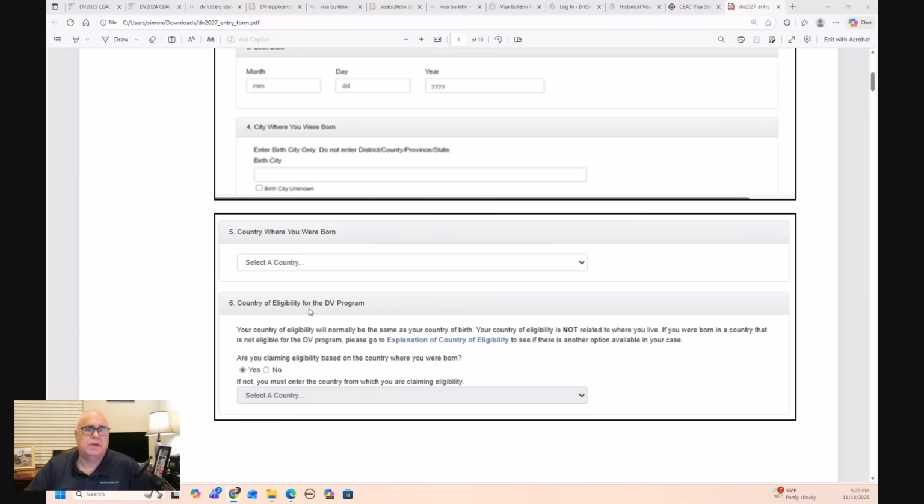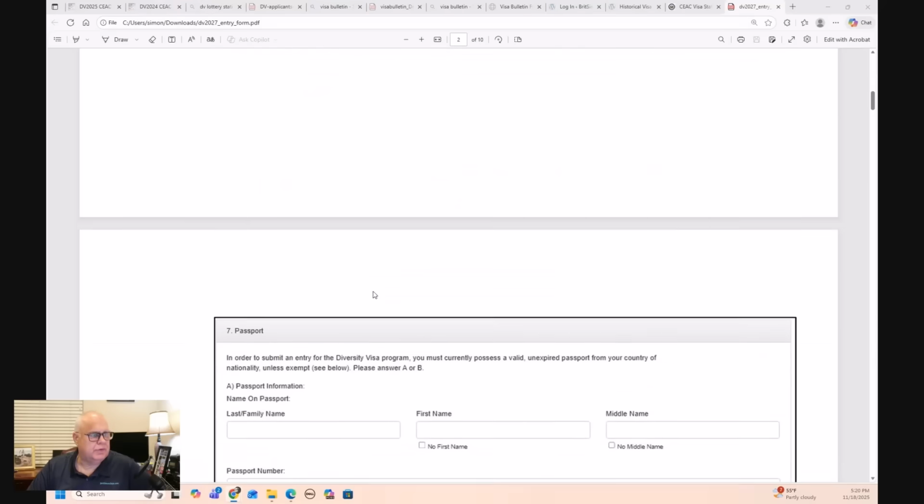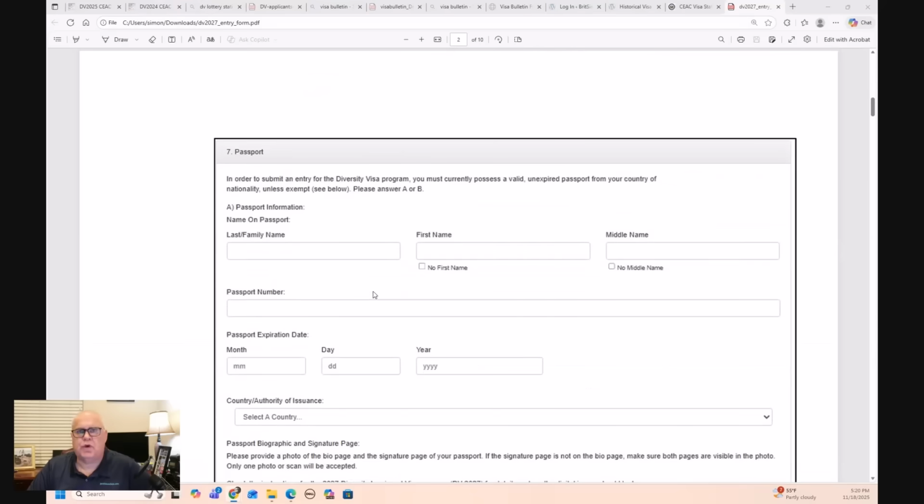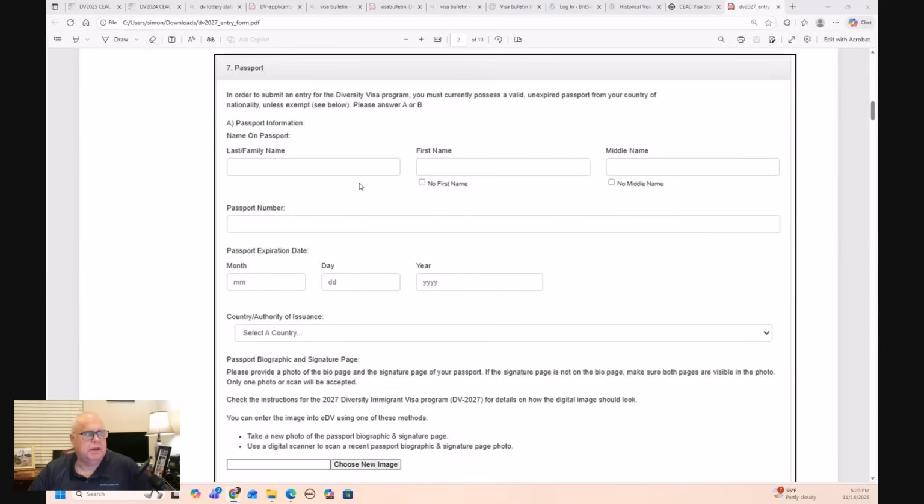Okay, so then this is the first surprising new thing, right? The passport page. It's asking for information about the passport: the last name, first name, and middle name, the passport number, the month, date, and year of the expiration date of the passport, and the country of issuance.